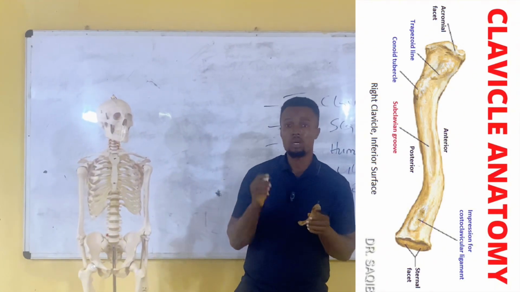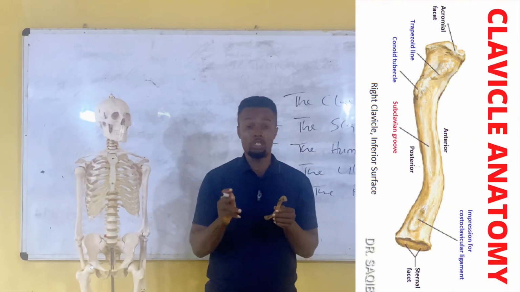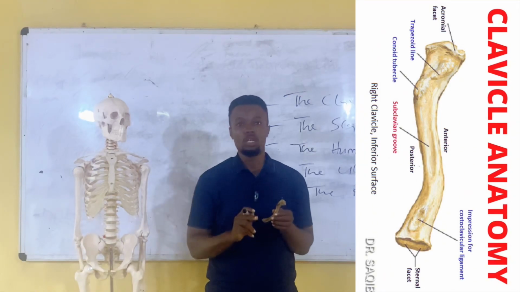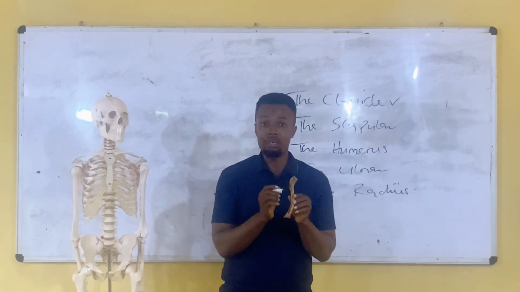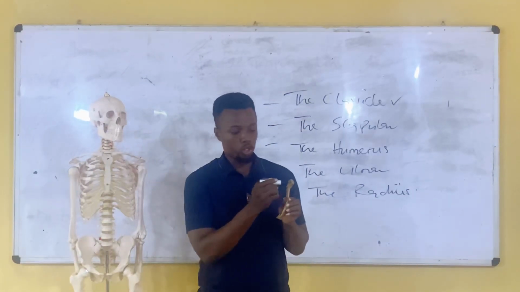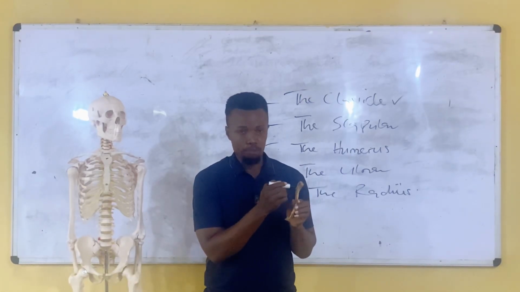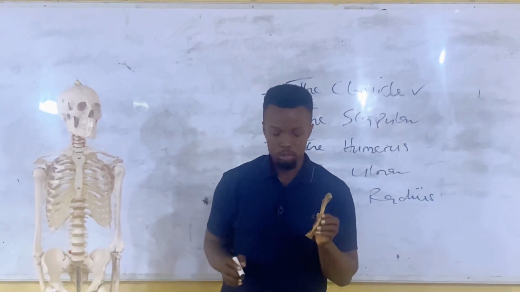The reason why it is called the trapezoid line is because it gives attachment to the trapezoid ligament, rather, not muscle. That is why it is called the trapezoid line, running from the conoid process down to the tip of the acromion.